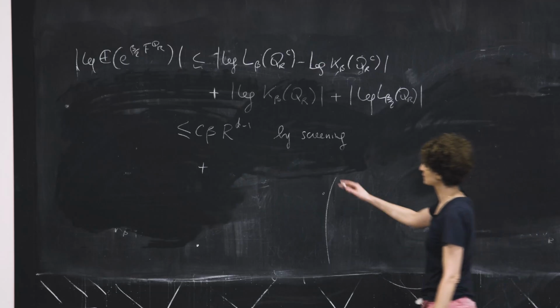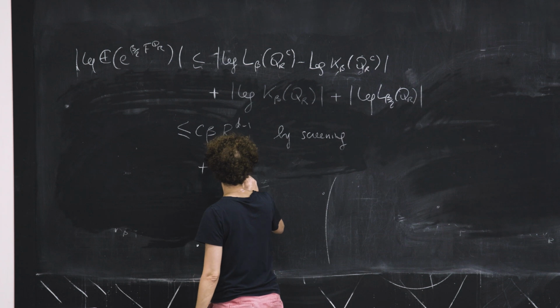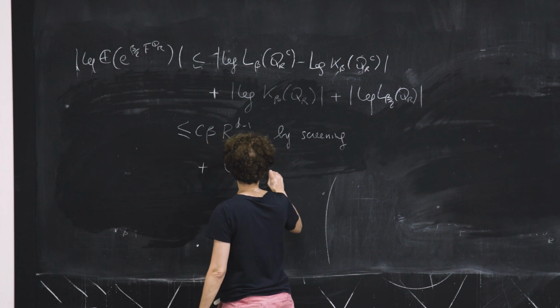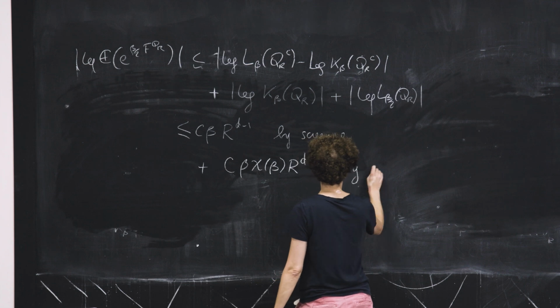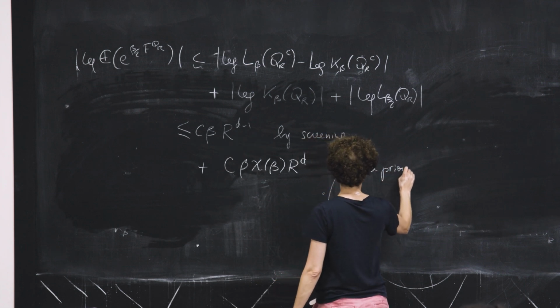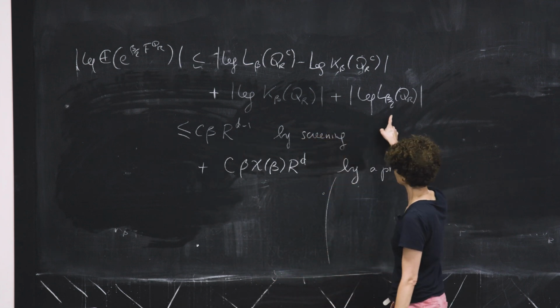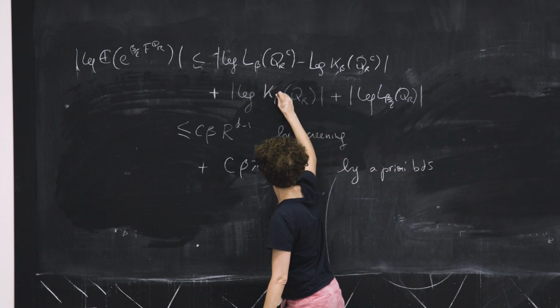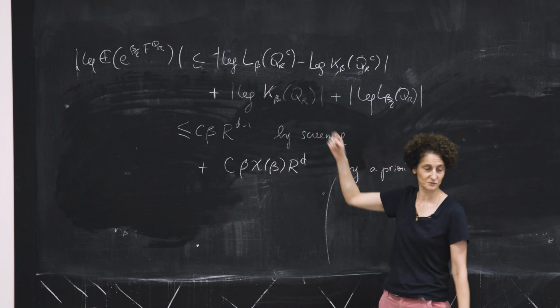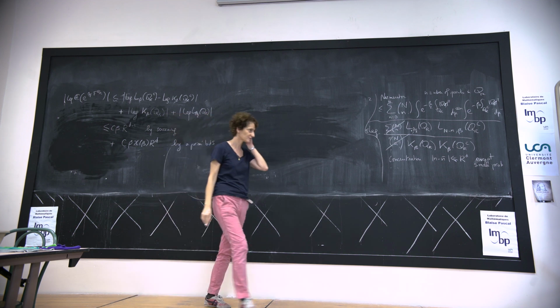You can check directly that these are bounded by C, beta, chi of beta, or D by a priori bounds. So you see here, it's not the same beta. There is a beta over 2, and there is a beta. So we're not trying to say that these are close. We're just bounding each of them separately.